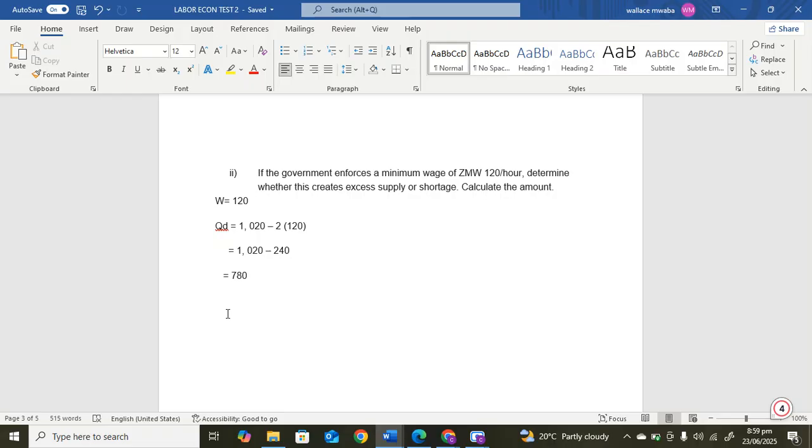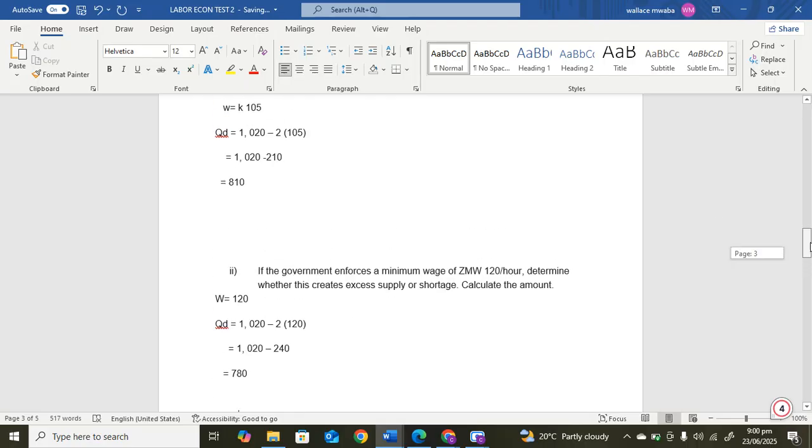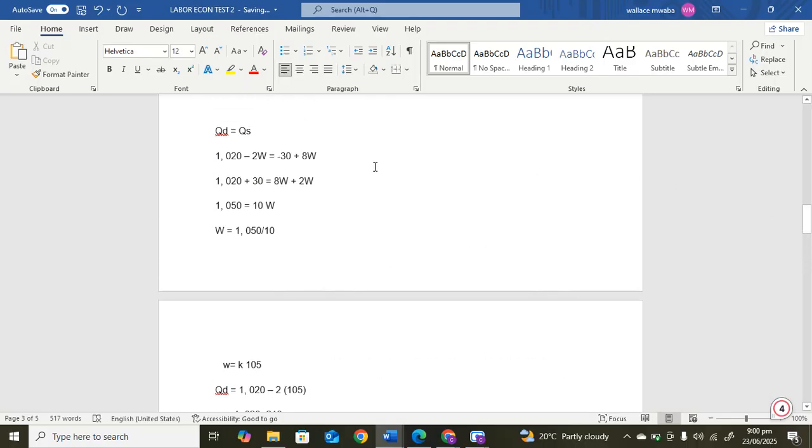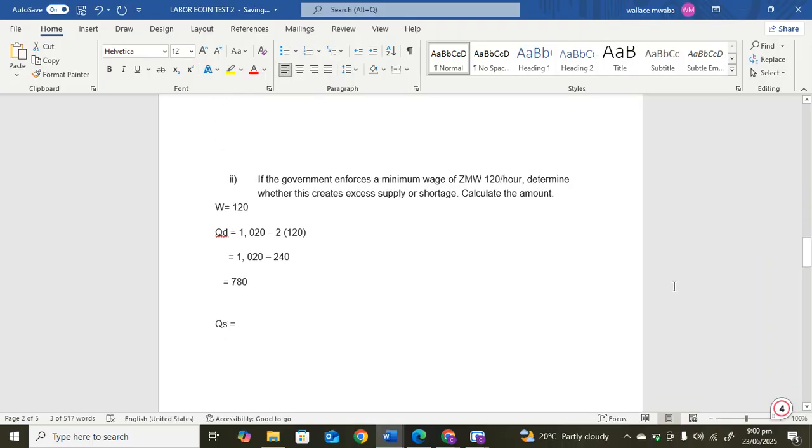Maybe that can entice you, since this 120 kwacha per hour will help my life. So we expect quantity supplied of labor to increase, because with a higher wage rate, more people want to work.